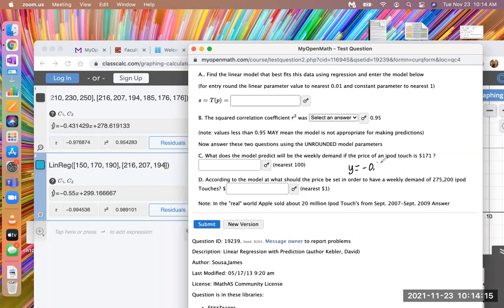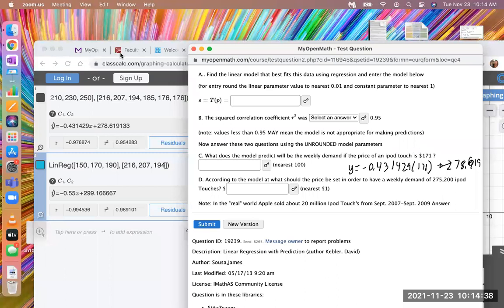And I want to keep all those, but I'm just gonna, times 171 plus the 278.619, right? So let's do that calculation. And we follow order of operations. We plugged the 171 in for X, and we follow order of operations.